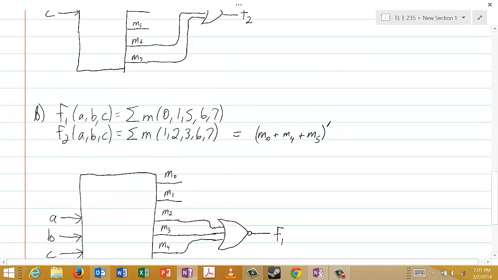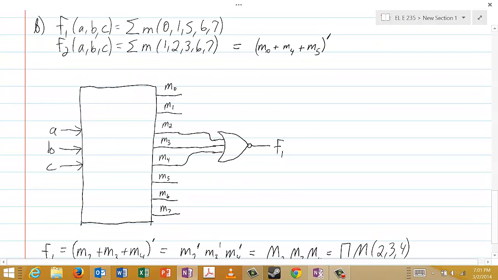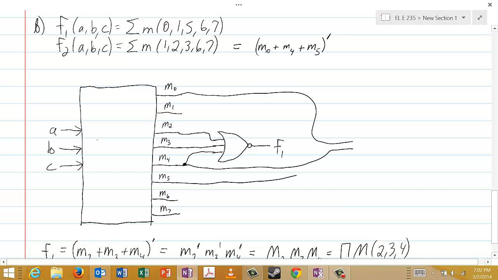And by the way, I've been consistent with my notation now. So we want to NOR those together, and a way to do that would be to have something like this. Here's M0, and here's M4, and M5.